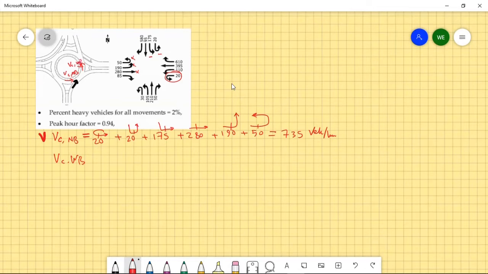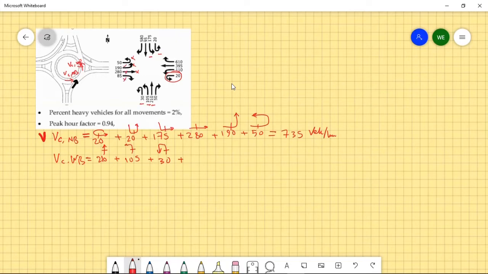This is conflicting with westbound. So what is conflicting with this volume to enter here? Basically, this volume, the through, and this and this. That's to begin with. So it's 210, and that's the point of conflict, plus 105, and that's the point of conflict, plus 30, plus. Is this conflicting? No. Is this conflicting?